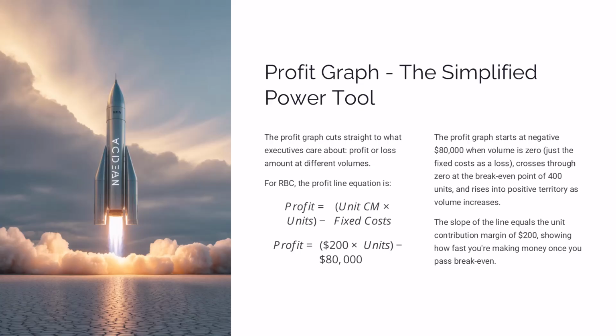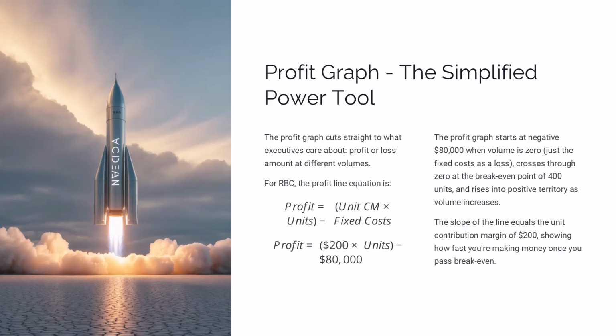The profit graph is beautifully simple with units on the x-axis and profit or loss on the y-axis, with the line equation being profit equals unit CM times units minus fixed costs, or in RBC's case, profit equals $200 times units minus $80,000, starting at negative $80,000 when volume is zero, just the fixed cost as a loss, crossing through zero at the break-even point of 400 units, and then rising into positive territory as volume increases.